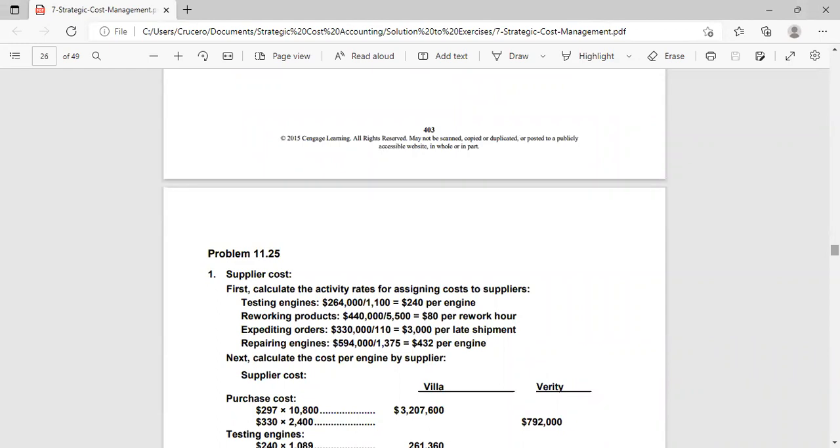Maxwell Company produces a variety of kitchen appliances, including cooking ranges and dishwashers. Over the past several years, competition has intensified. In order to maintain and perhaps increase its market share, Maxwell's management decided that the overall quality of its products had to be increased.